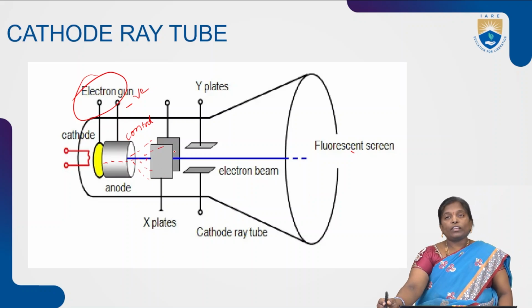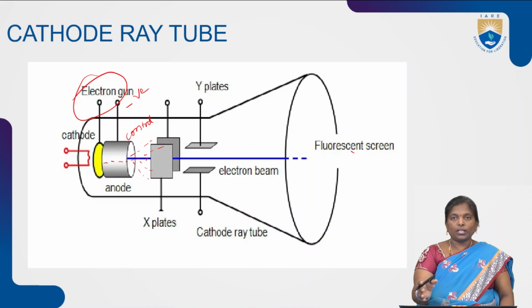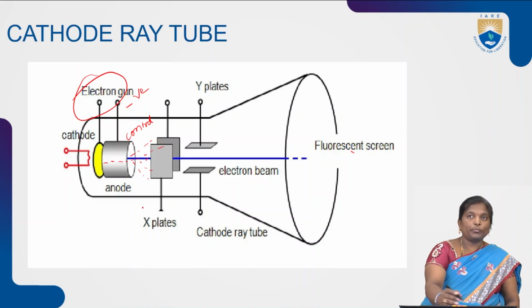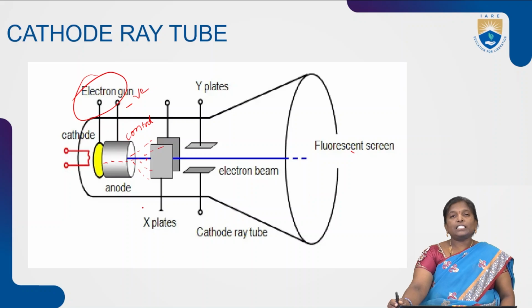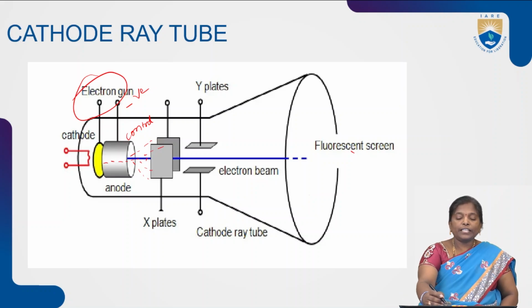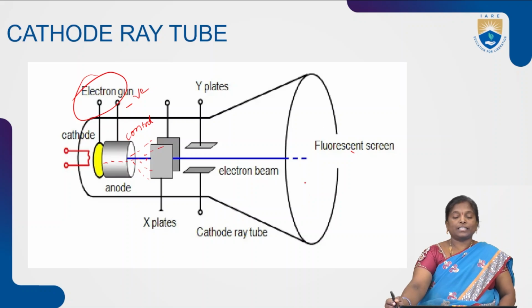As the number of electron beams focused in one particular direction increases, the intensity of the electron beam increases. As the intensity of the electron beam increases, it produces a bright spot on the fluorescent screen.